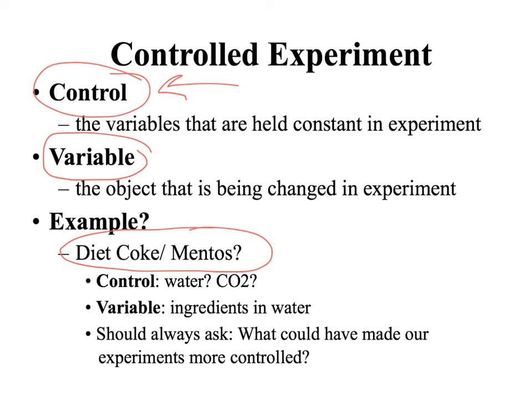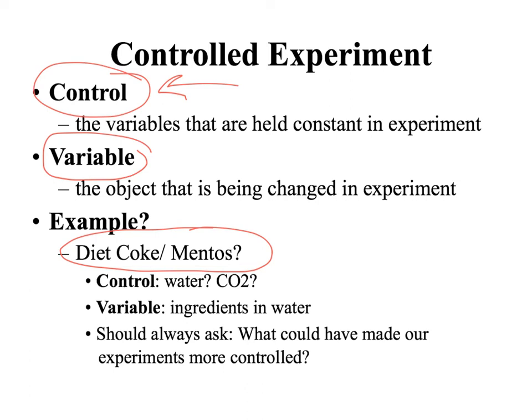So from a Mythbusters video back in the day, and we may have watched it in class, you may have seen it, they took seltzer water that just had carbon dioxide in it, and they used that for their control. And then they started adding different ingredients that are found in Diet Coke, like aspartame and potassium benzoate.